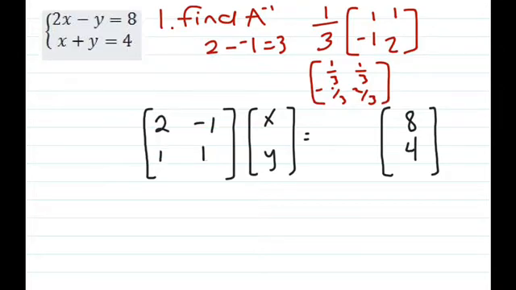Okay, so now we're going to take this matrix inverse and write it next to our matrix equation we already have so we can perform the multiplication. So go ahead and write that down.